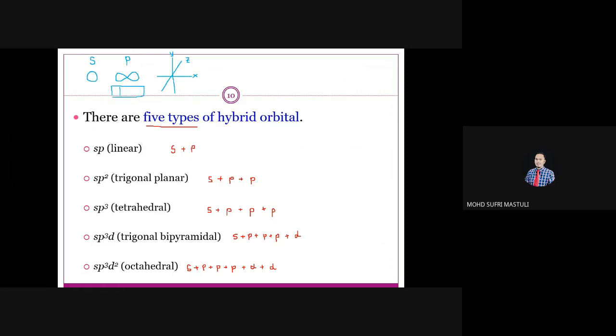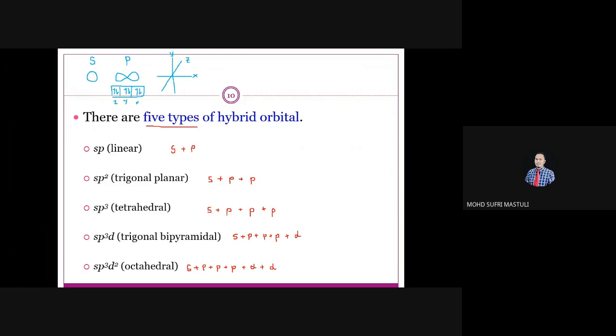The maximum is 1, 2, 3, 4, 5, 6. This is px, this is py, and this one is pz. We learned this previously. So the shape of the hybrid orbital is totally different compared to the original atomic orbital before mixing.